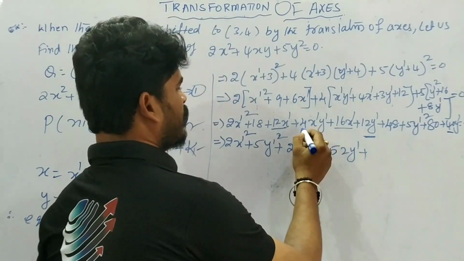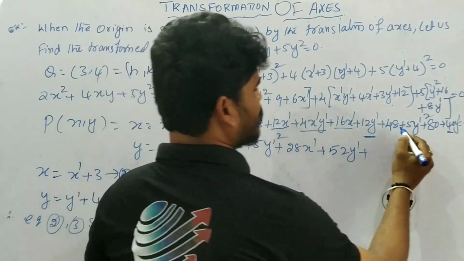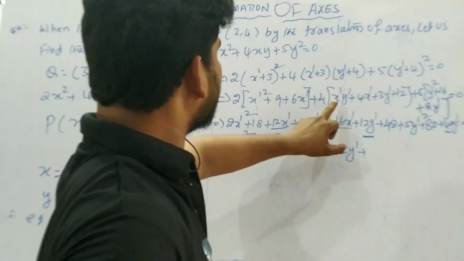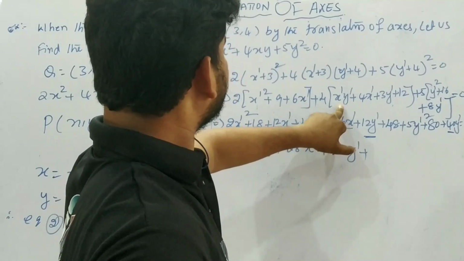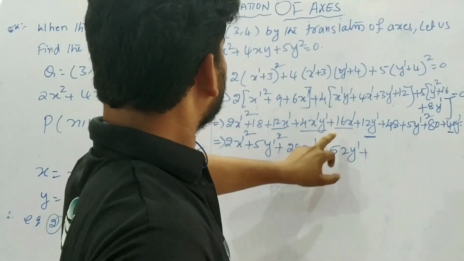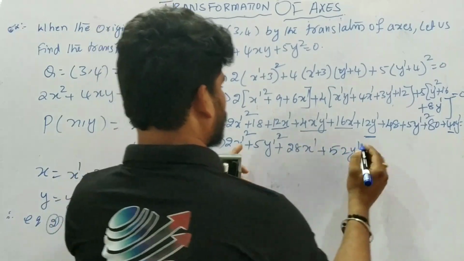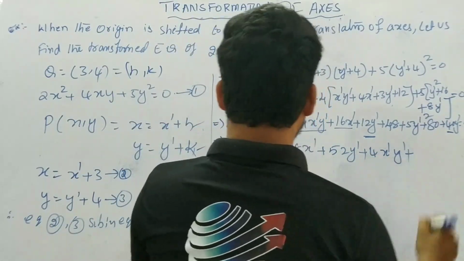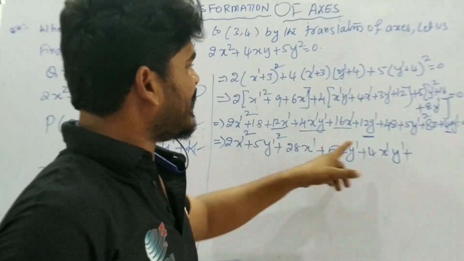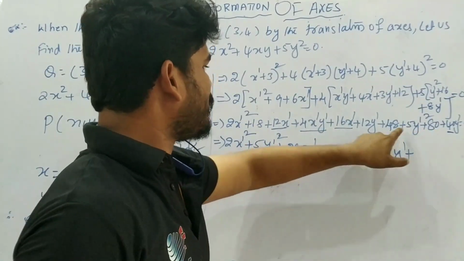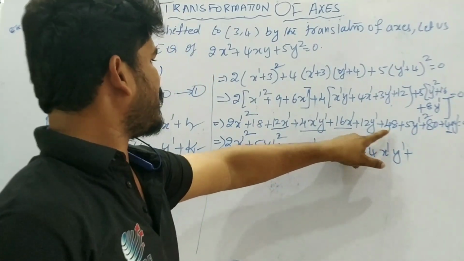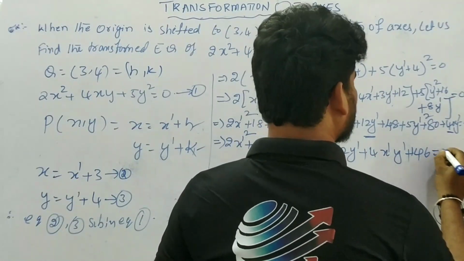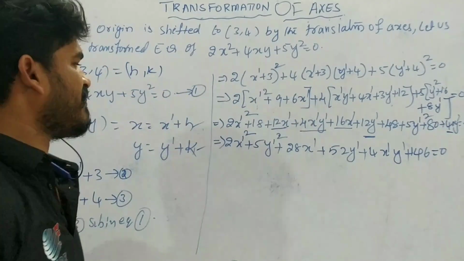Next, 4x dash y dash. Therefore the constants: 18 plus 48 plus 80 gives 146, equal to 0. This is the equation.